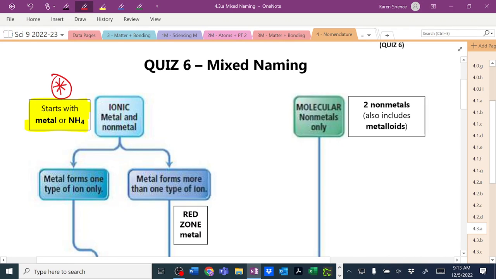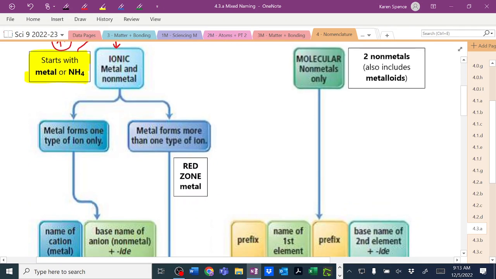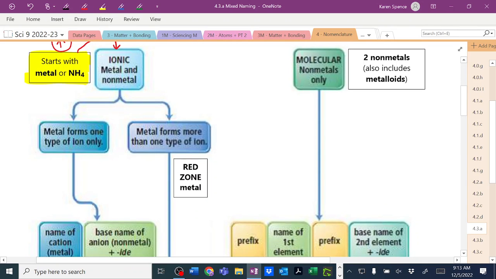If it does, that means you have what type of compound? Ionic, okay? So if it starts with a metal or NH4, you have an ionic compound. Then you have two choices.